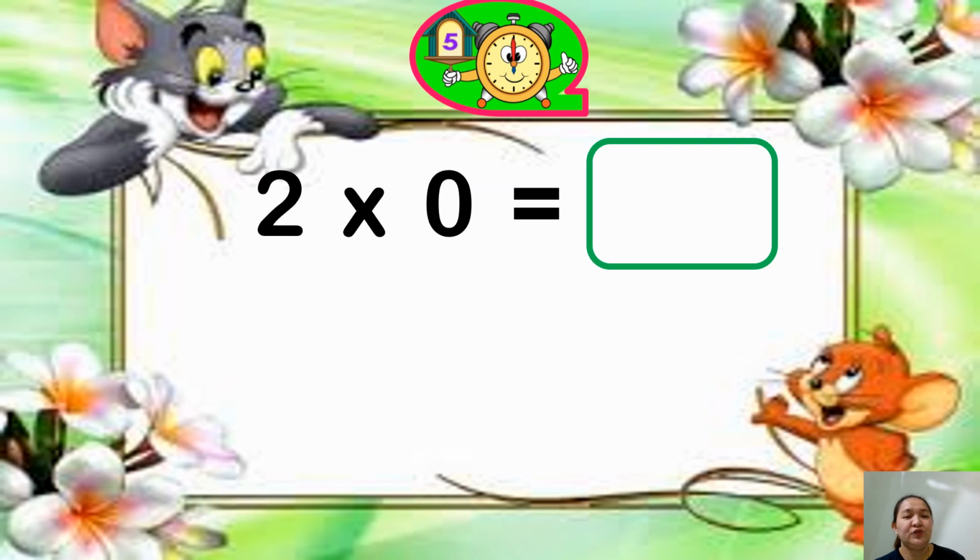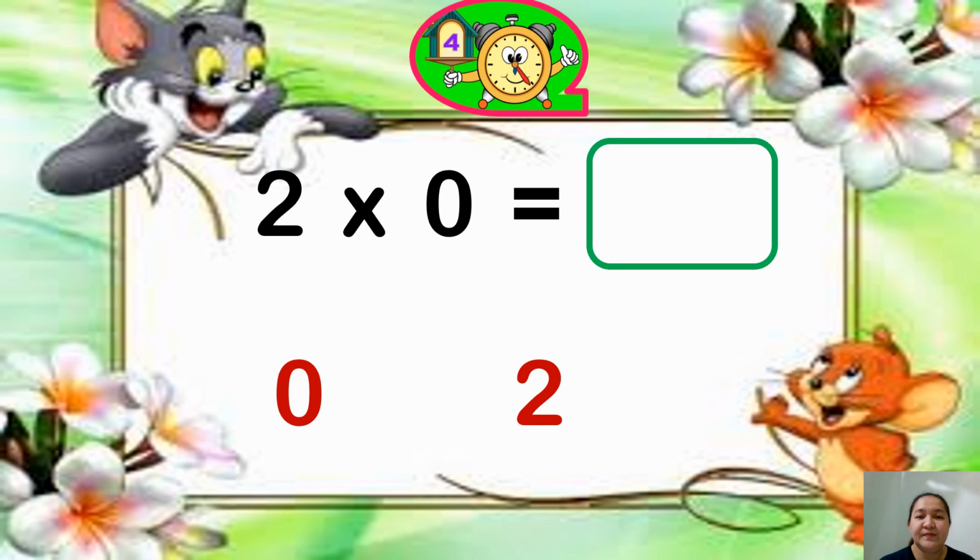Next, 2 multiplied by 0 is 0 or 2. What's your answer? Is it 0 or 2?